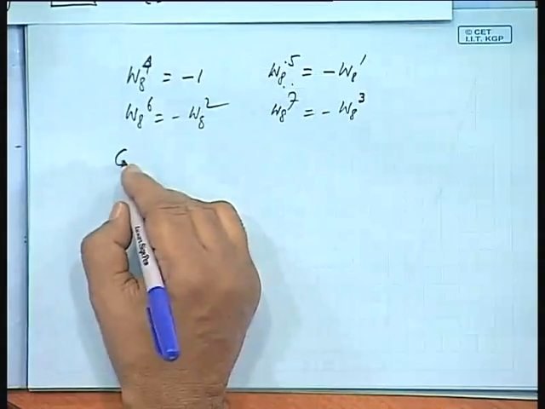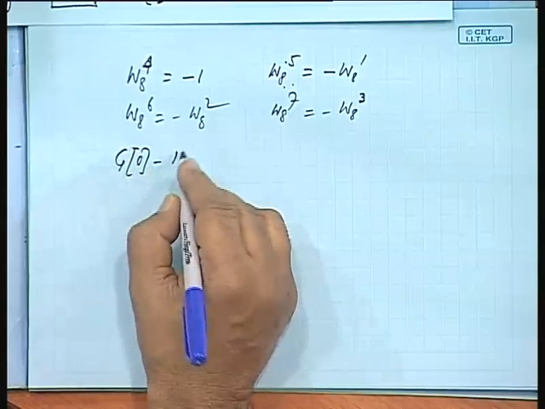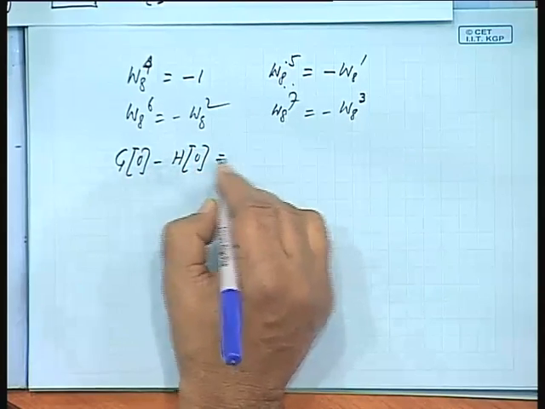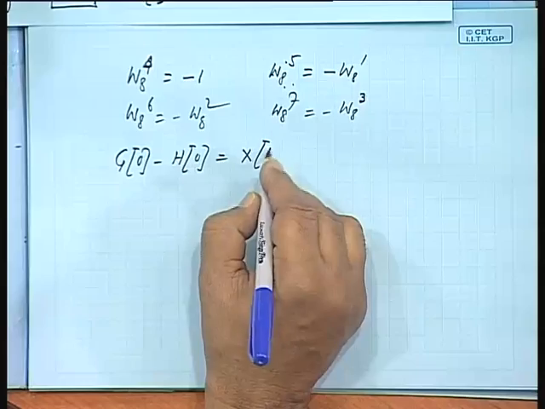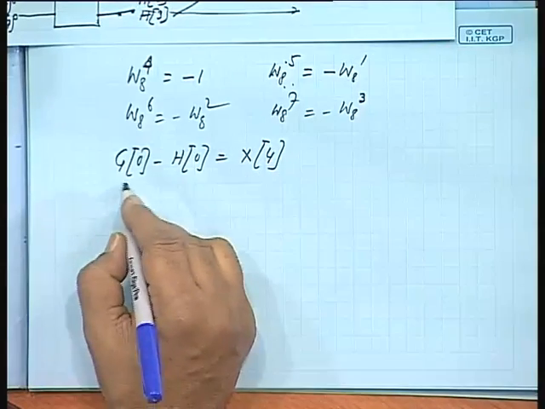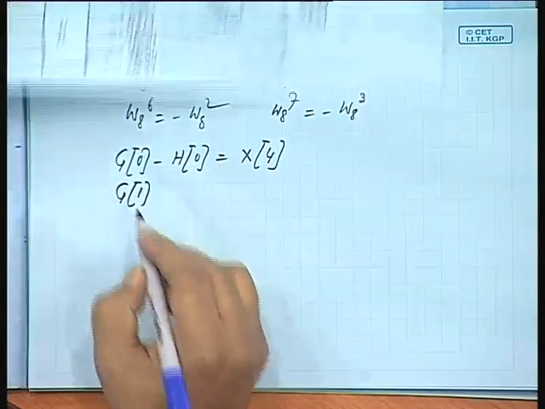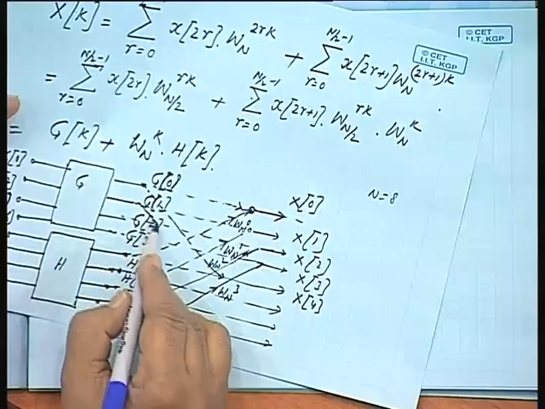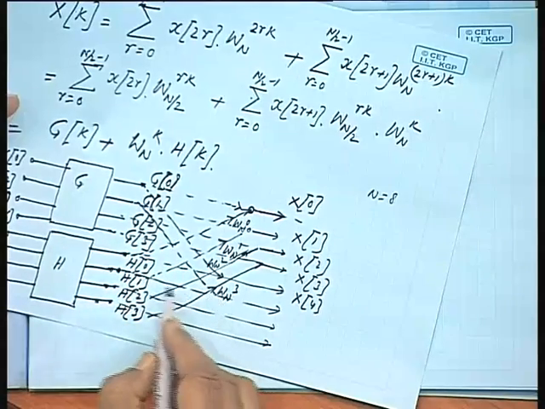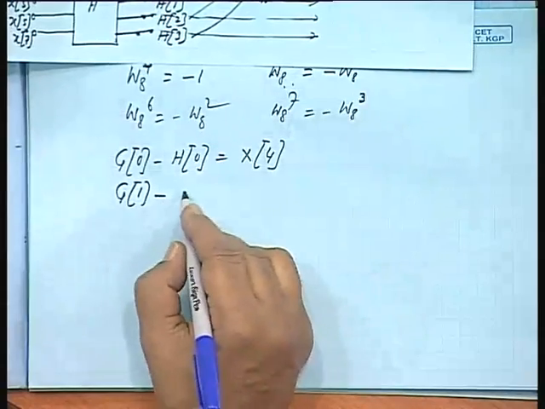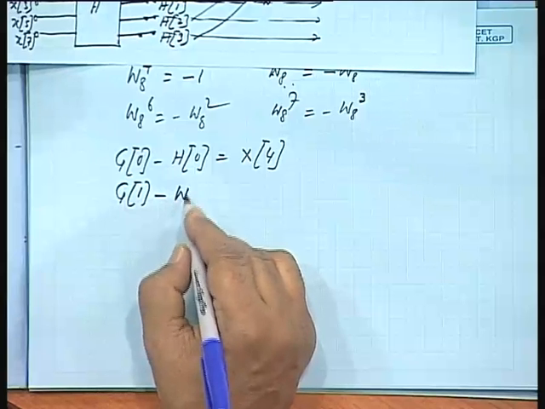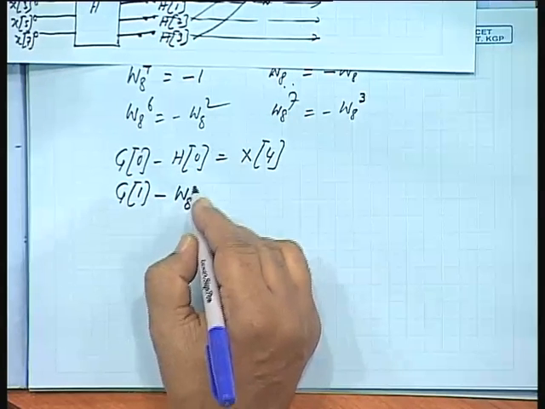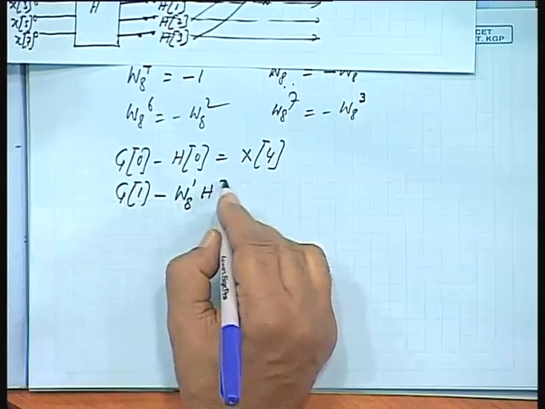So, G0 minus H0 will be X4. Similarly, X5 will be G1 minus W_8^1 into H1.